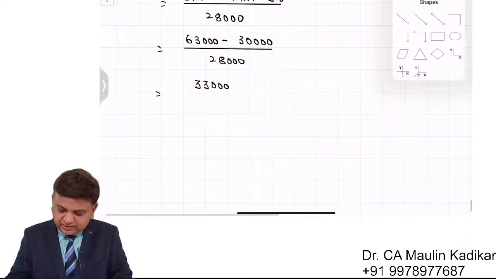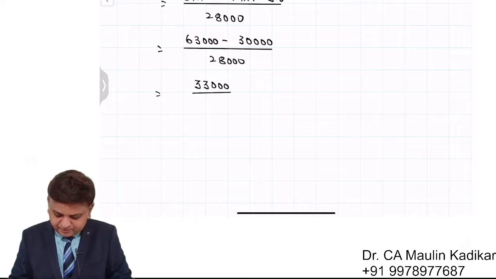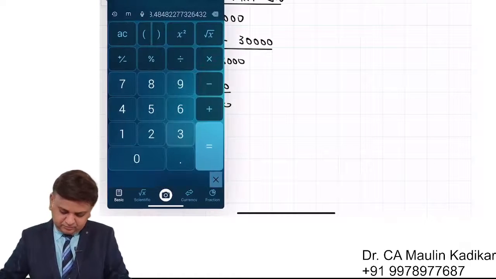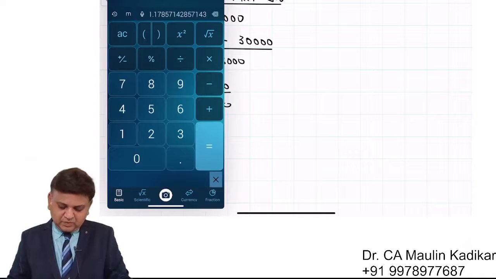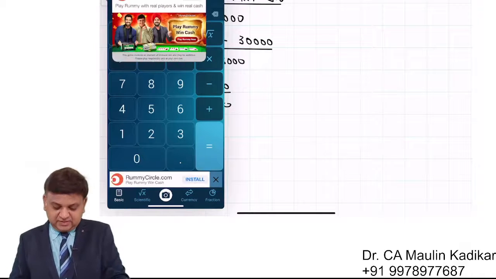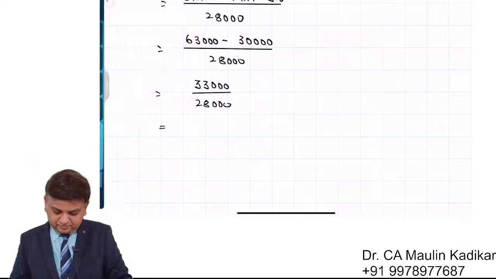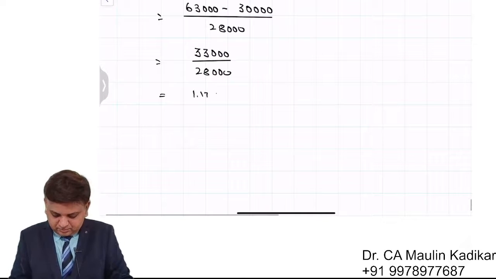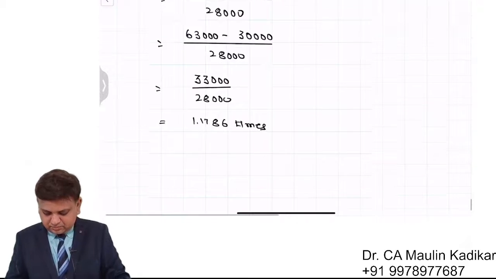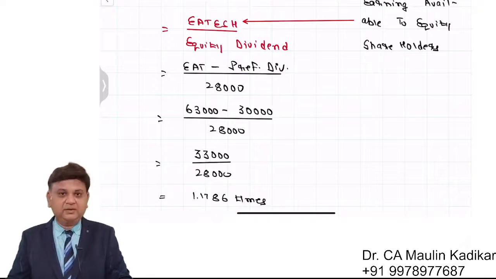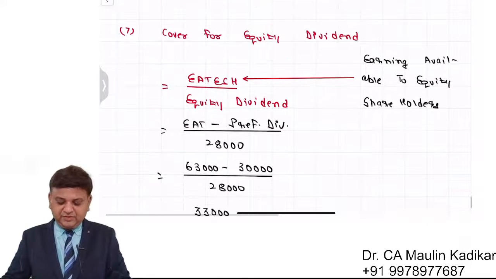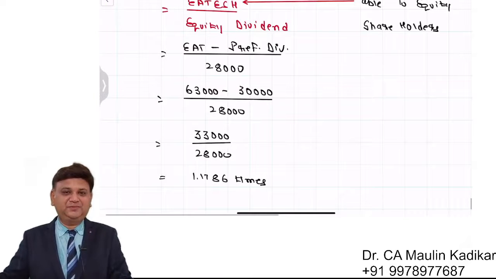So 33 upon 28, that comes to 1.1786. That is the way we compute the equity dividend coverage ratio.